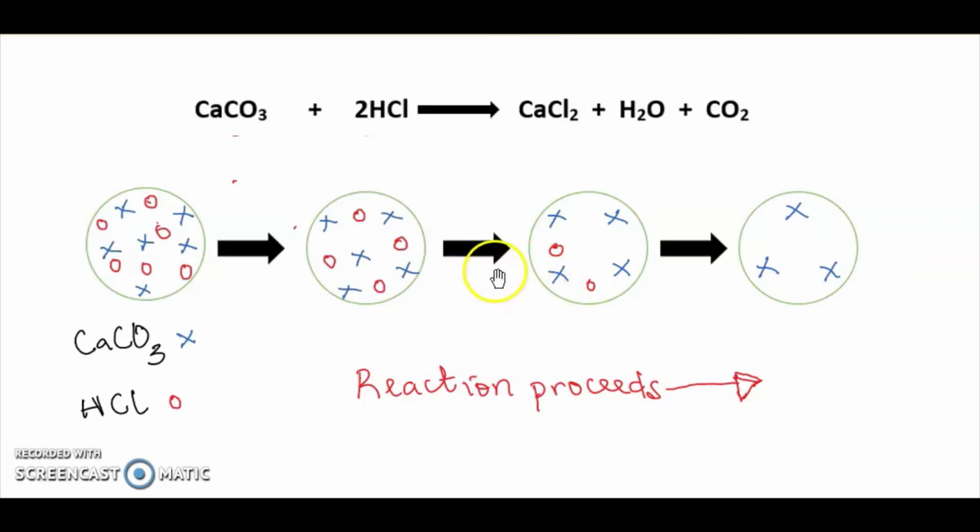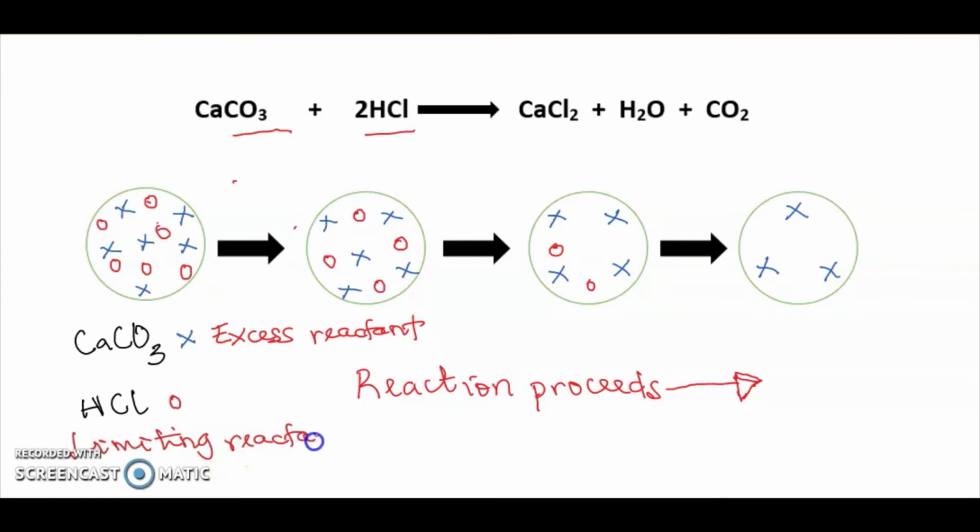So in this reaction, you can clearly see that the hydrochloric acid is used up completely while the calcium carbonate is still left. We can therefore conclude that the calcium carbonate is the excess reactant, while the hydrochloric acid is the limiting reactant.